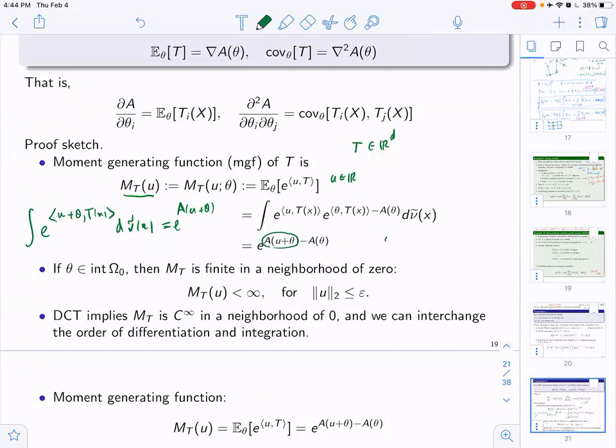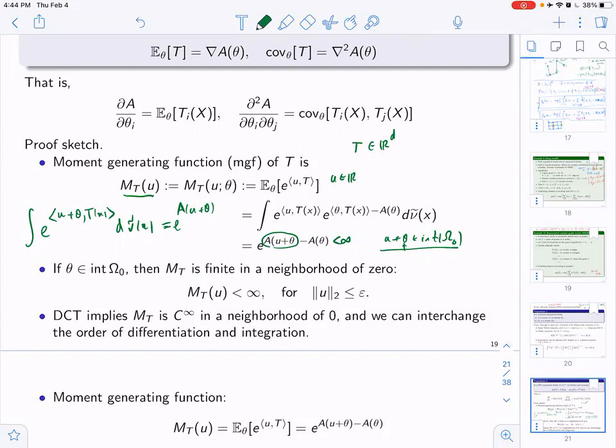If I take u small enough, u plus theta would be in the interior, by the definition of the interior, because theta is in the interior. And being in the interior means that this is finite. And so the moment generating function would be finite in a neighborhood of 0, basically. So for fixed theta, in a neighborhood of 0, where u is small enough, this is going to be finite.